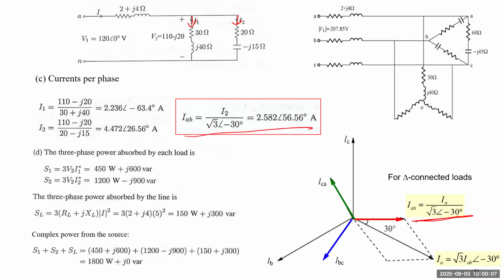Finally, we can calculate the three-phase complex power. So the three-phase complex power has real power 1800 and zero reactive power, and the line loss will be the line impedance multiplied by the current squared and multiplied by 3.